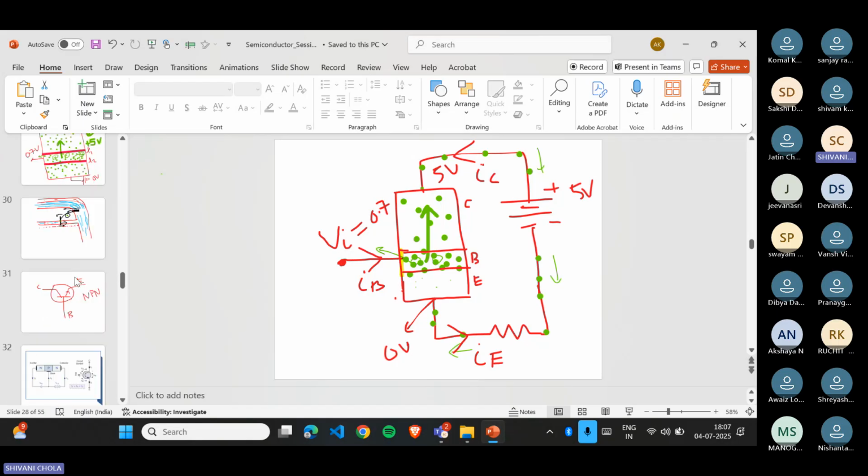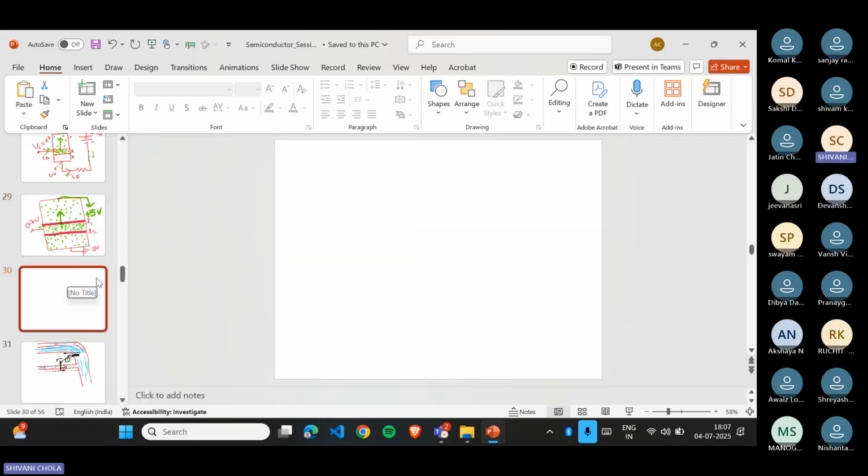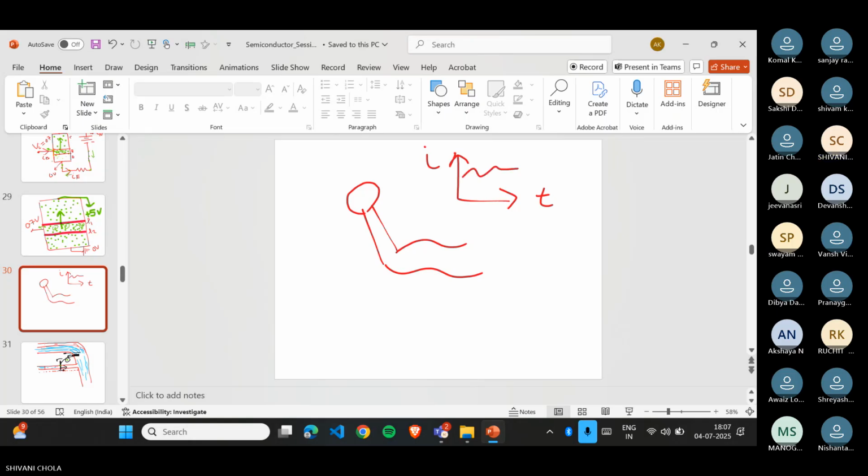If you see the working of, let's say, here you have a microphone, and here you have wires. Let's say this is your relation of current versus time, and this is your graph. So what does this amplifier do?